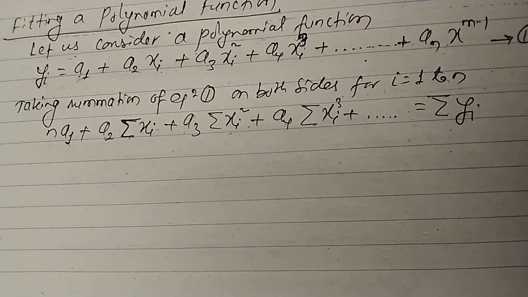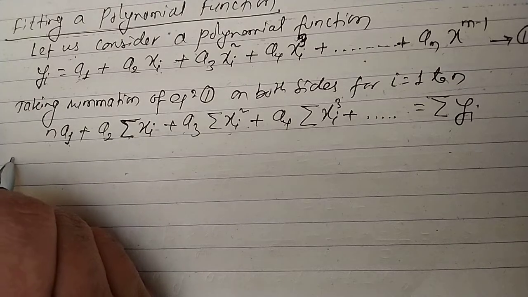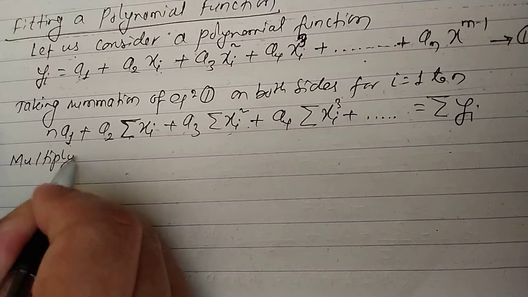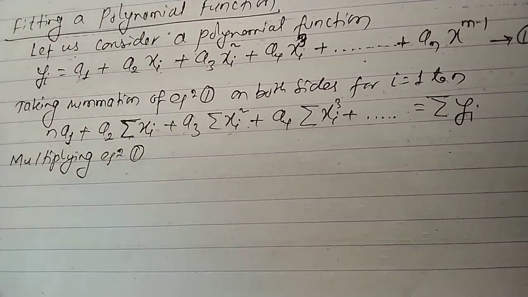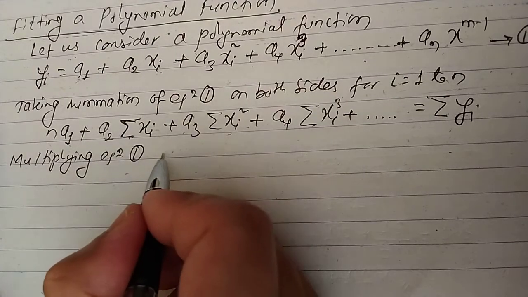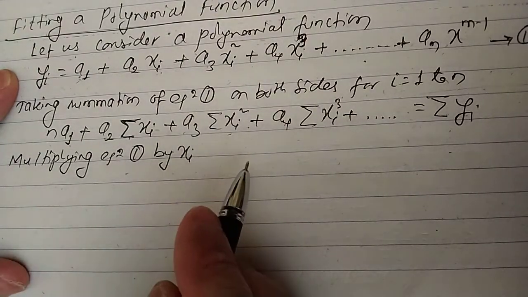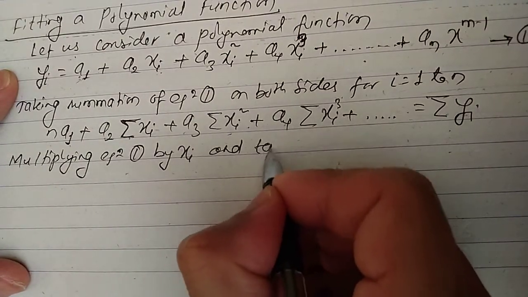So take summation on both sides of equation 1. That is the first step. Second step: multiplying equation 1 by xi on both sides and taking the summations.